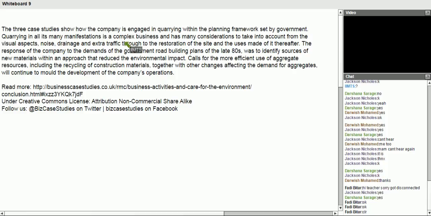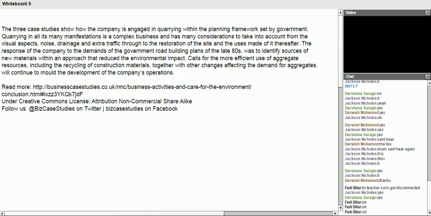Because if those norms are not there, people exploit nature, right? But these people don't do that. It calls for more efficient use of aggregate resources, including recycling of construction materials. So they do refilling and reconstruction of the quarrying sites, and they combat the ill effects of refilling too. They even recycle construction materials and control noise and pollution. This is how they preserve the environment.